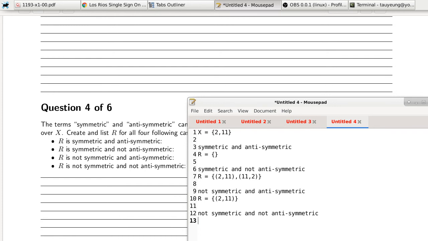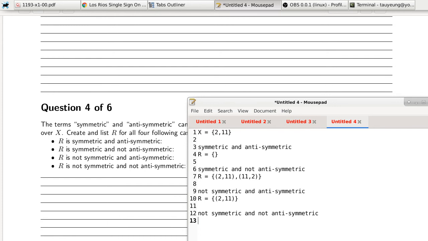Because what we need is for aRb and bRa to exist for two elements in X, but we also have one other pair of elements where we only have aRb but not bRa. But if we only have two elements, then it cannot happen.